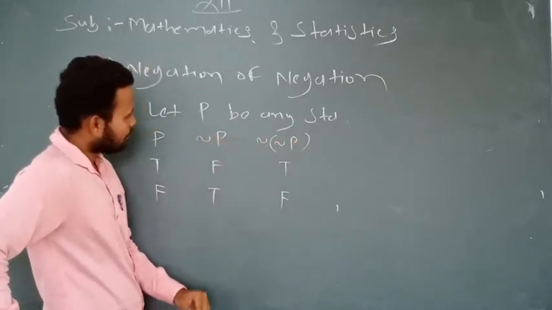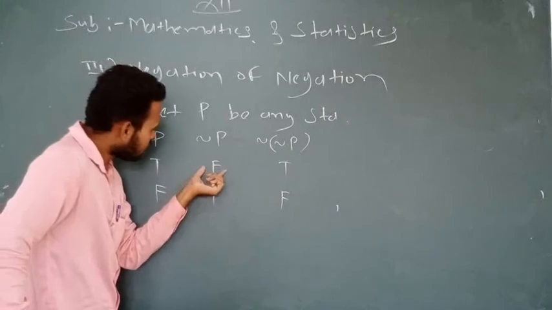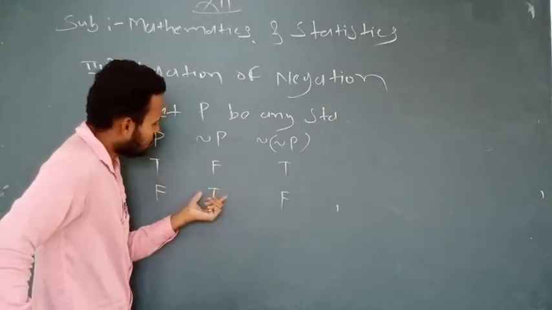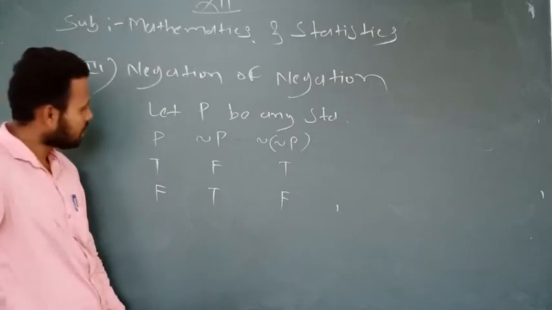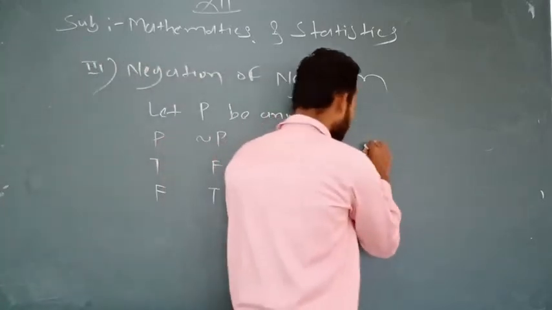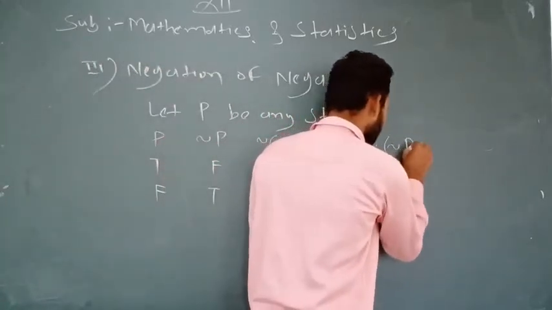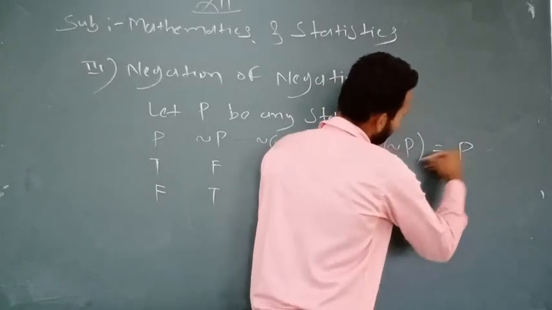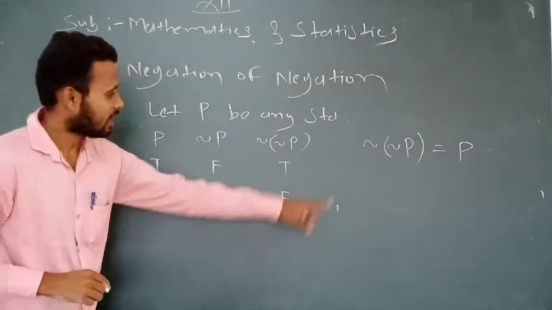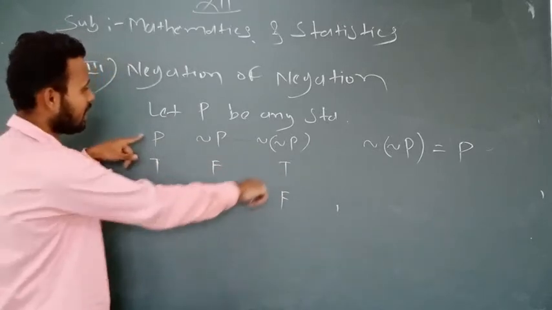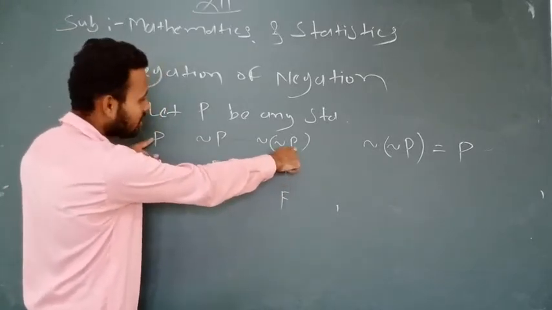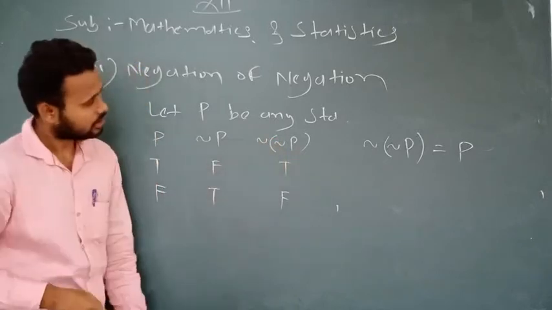The negation of F is T, and the negation of T is F. In the above truth table we observe that we get the original statement P again, because the T and F columns are the same. Therefore we say that these two statements are equivalent, or the same.